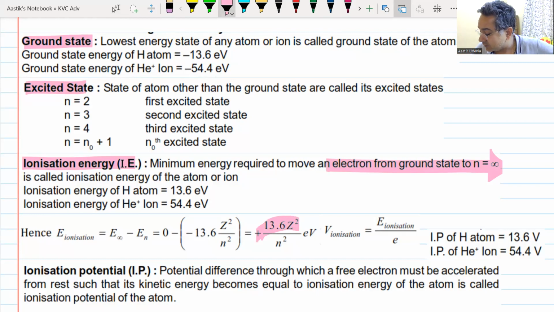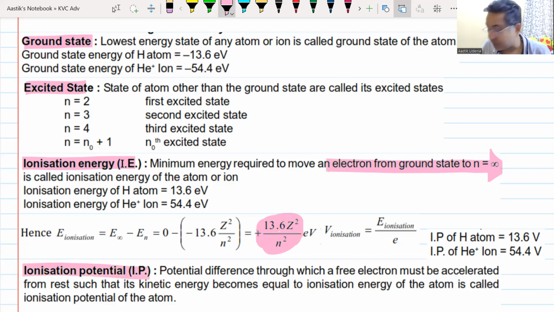For hydrogen-like atoms, the energy required to move an electron from ground state to infinity will be 13.6 Z square. If you want to remove the electron from any other state to infinity, you will divide it by n square. Do we understand this? Yes.